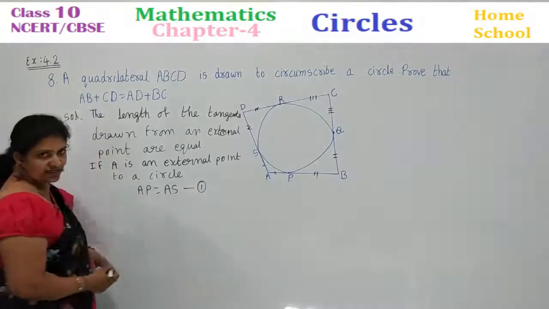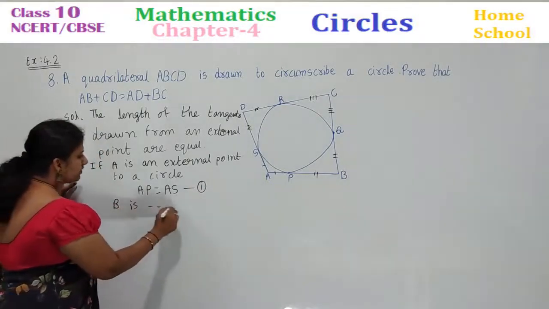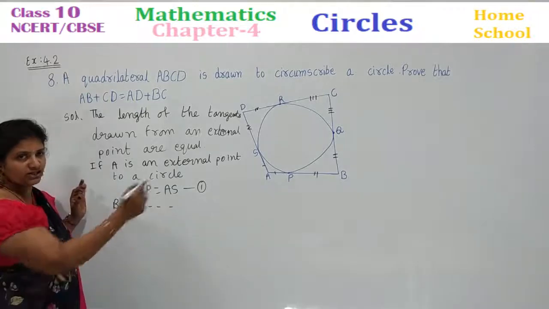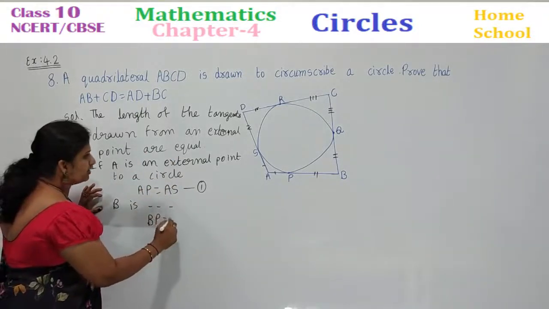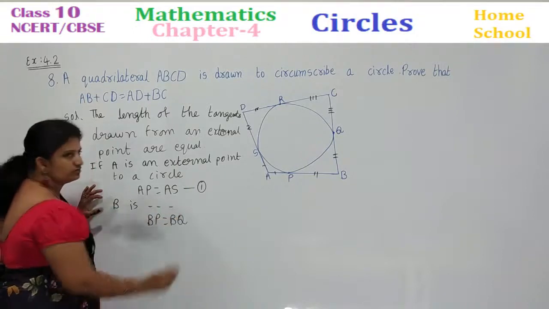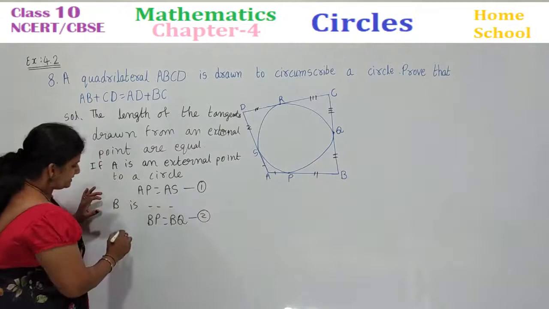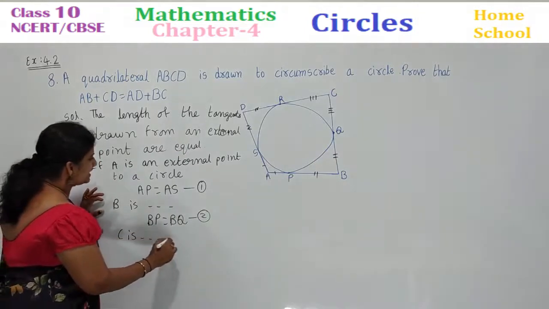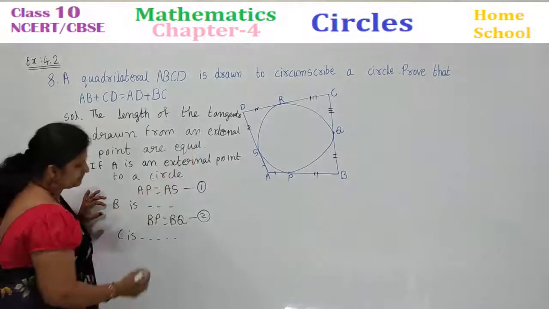Mark this first equation. If B is an external point to the circle, I can remember BP is equal to BQ. Right? Second equation. Next, similarly, if C is an external point to a circle, what can you write?